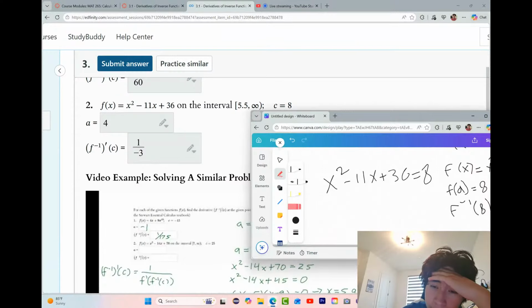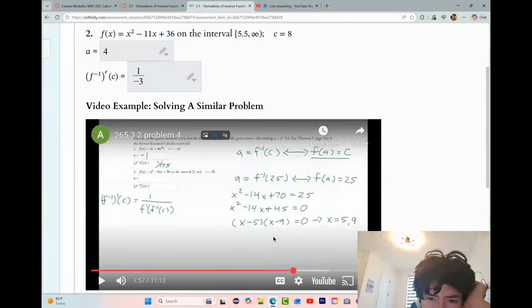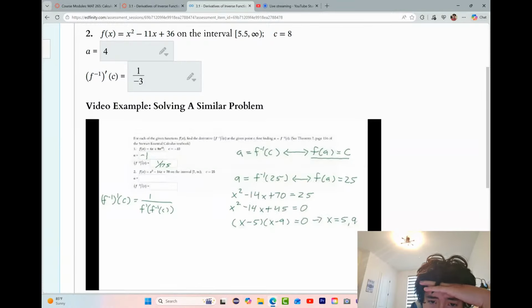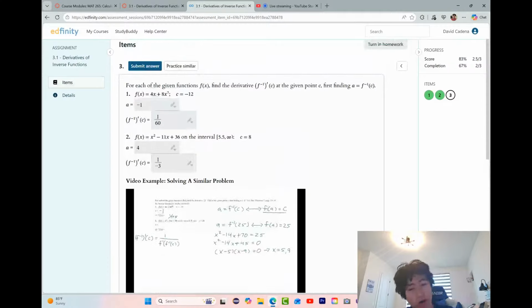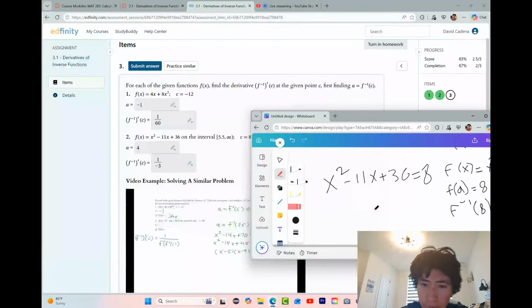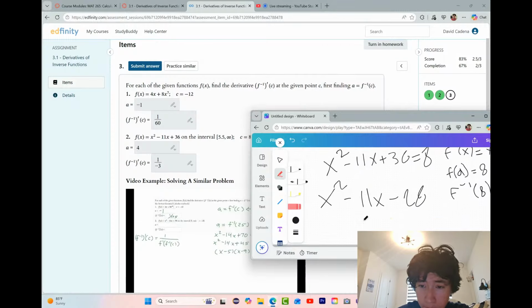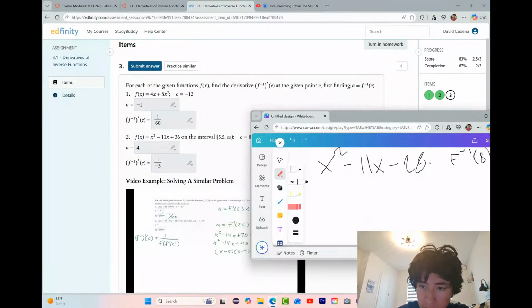But why do we want to factor it? We're not trying to find values of x that make this equal to 0. Wait, so what does he do here? So he makes this equal to 0. Oh, so he subtracts. Oh, smart. No, that's actually kind of smart. Yeah, so we get x squared minus 11x minus 28. And that's equal to 0.